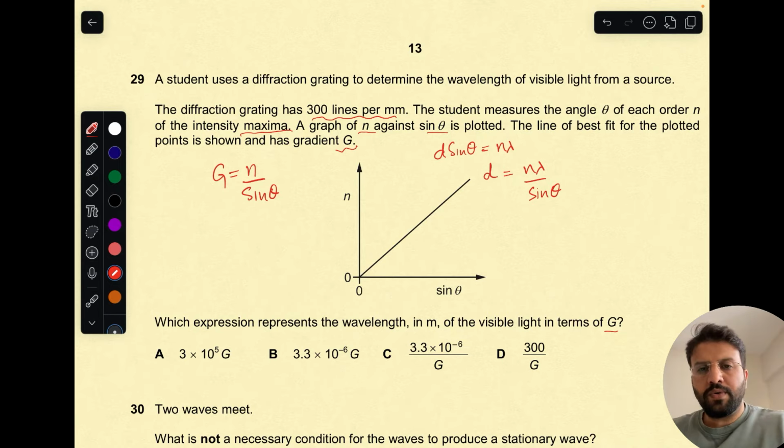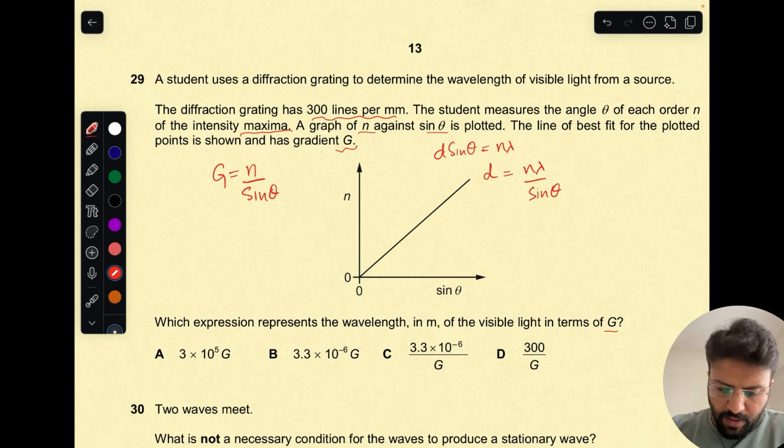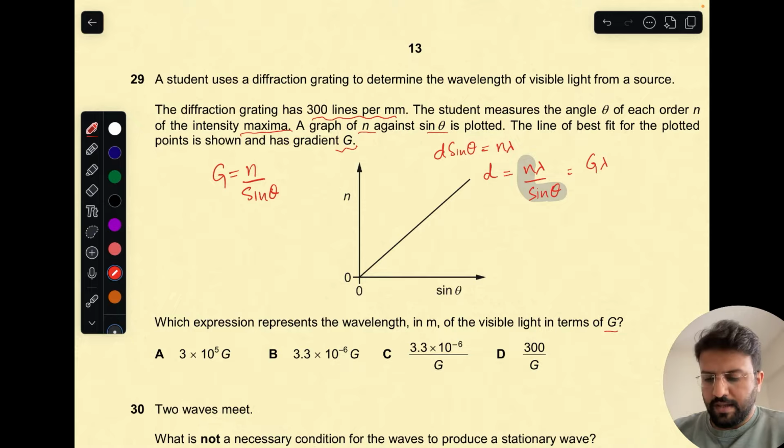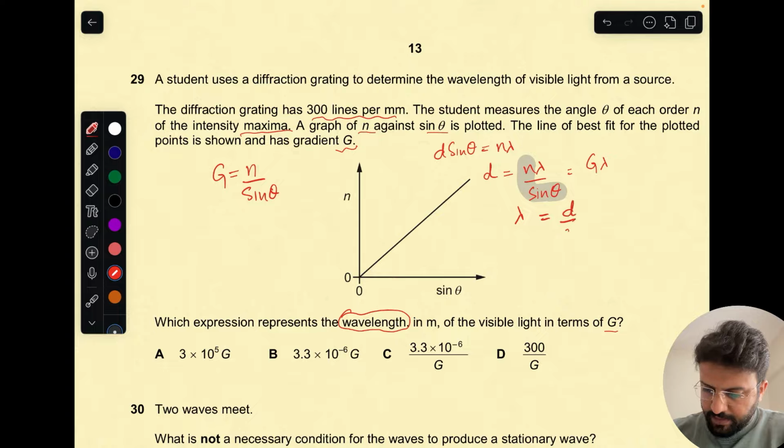I just want to introduce this G into the equation. So n over sine theta can be written as G, so it is G lambda. So d equals G lambda, and you have to find the expression for lambda. So lambda can be written as d over G.